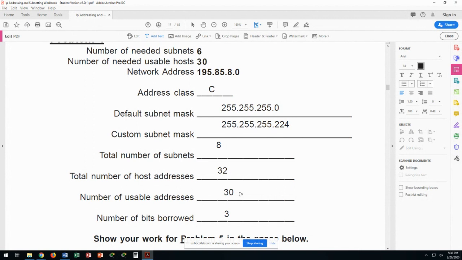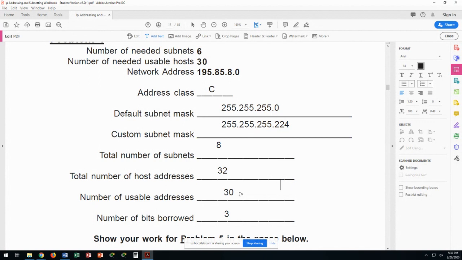Then 8.32, 8.63, 195.85.8.64, 195.85.8.95, 195.85.8.96. So we got this concept.